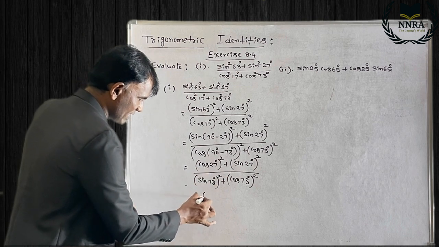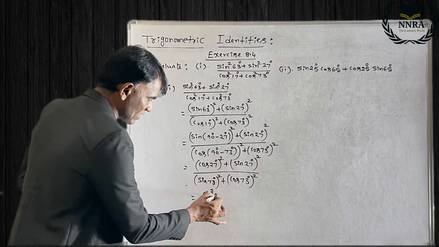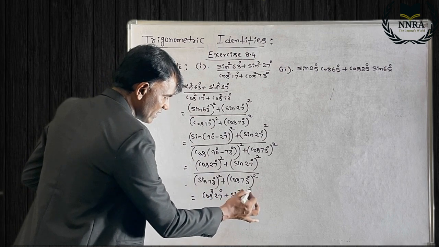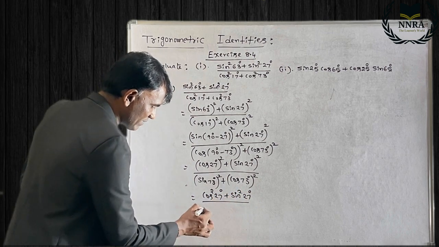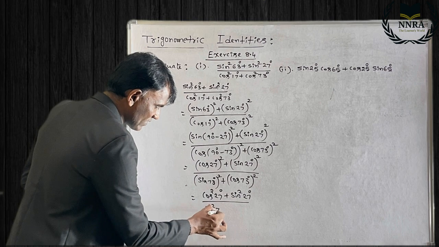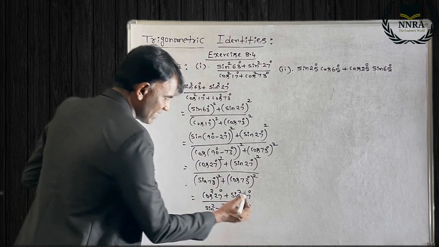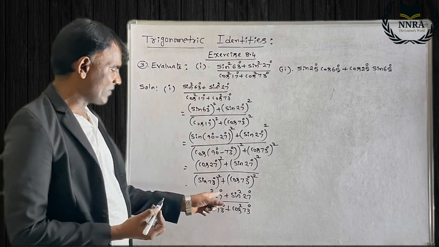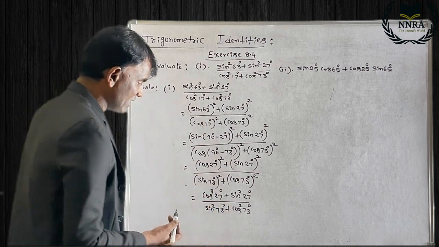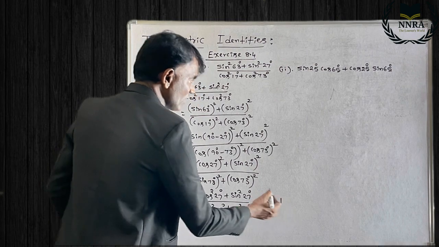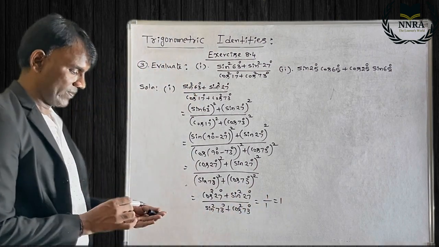And the first term of the numerator is cos square 27 degrees, sin square 27 degrees. Similarly the denominator: sin square 73 degrees plus cos square 73 degrees. So sin square a plus cos square a is equal to 1. Then the numerator is equal to 1, again the denominator is also 1. 1 by 1 equal to 1.